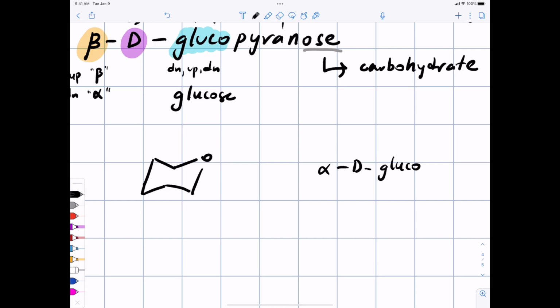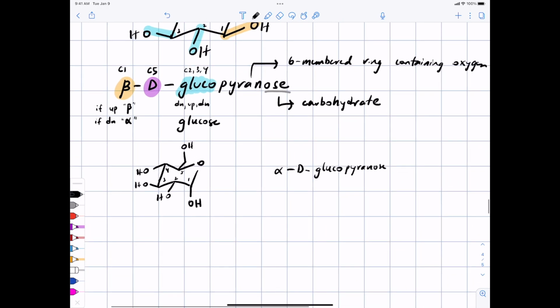You're still going to have D stereochemistry at carbon 5. You're still going to have this down, up, down, all equatorial stereochemistry at carbons 2, 3, and 4 respectively. But at carbon 1, now your OH group will be down. Okay?